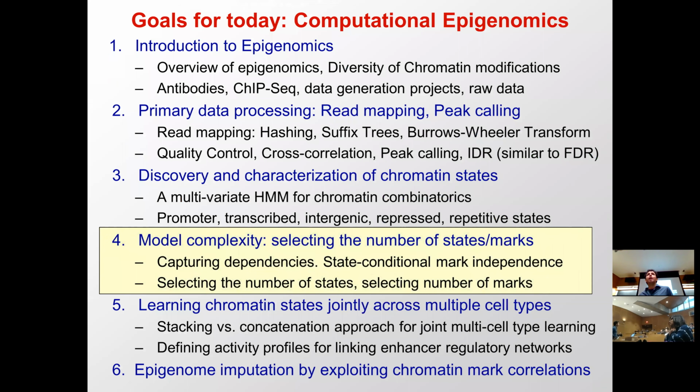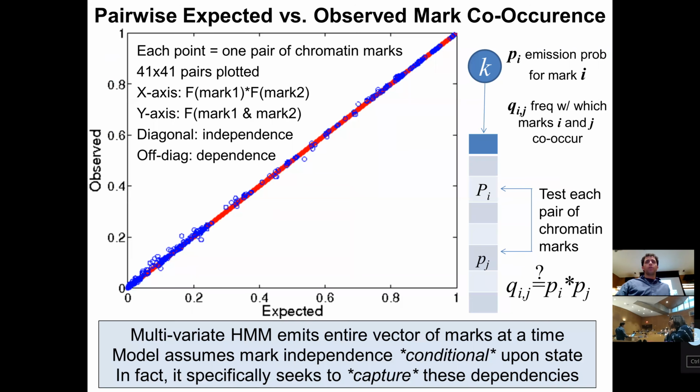So a lot of people have asked me, how do you select the number of states? This is actually a very good example for how to deal with model complexity. The idea here is that we have a multivariate hidden Markov model that emits vectors of marks rather than individual marks. So what we can ask is, for every pair of chromatin marks, is it dependent or independent?